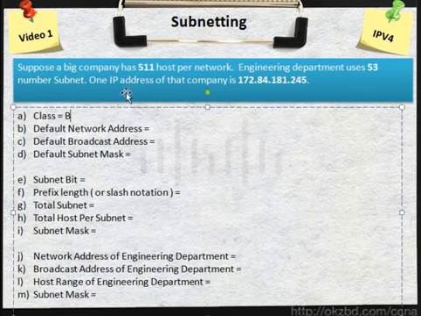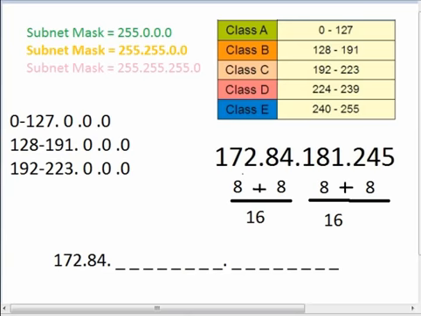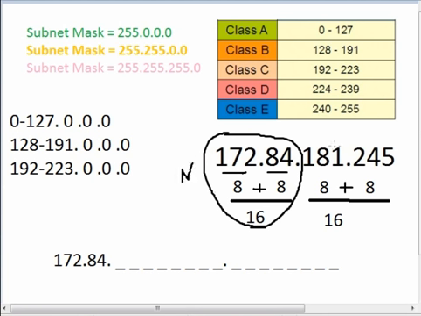Now the default network address. We know we have a class B IP address. Class B means the first and second octet, total 16 bits, is the network address, and the third and fourth octet, total 16 bits, is the host address.